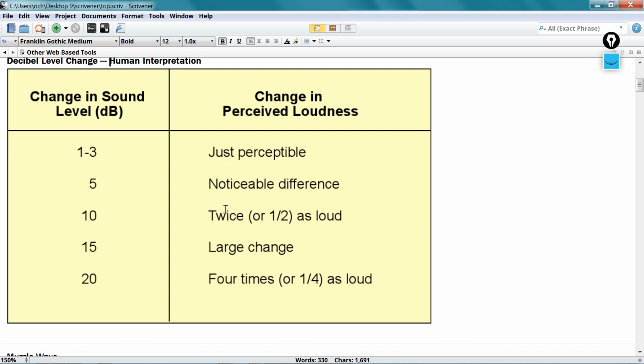Yep, sure is. So anyway, we're comparing two sounds. When will we, the human being through our ears, be able to tell that there's a difference? That occurs somewhere between 3 to 6 decibels.